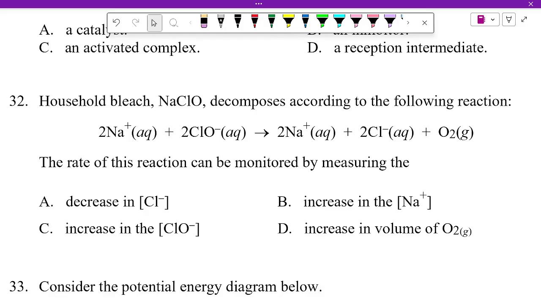The rate of this reaction can be monitored by measuring a decrease in the concentration of chloride. Chloride, is that a reactant or a product?